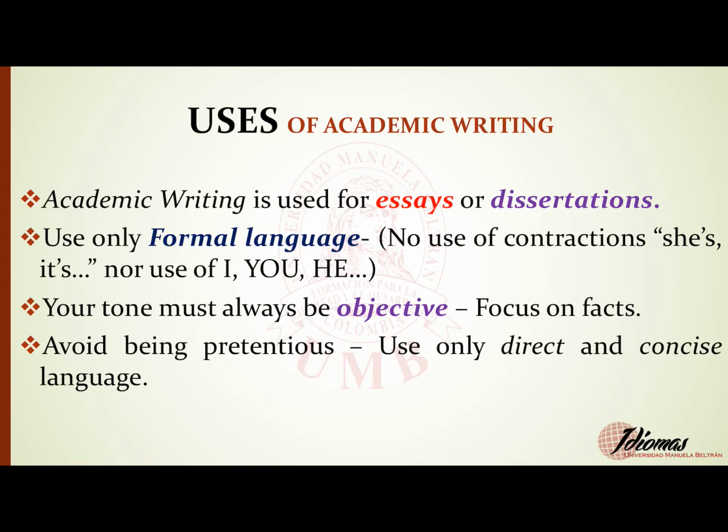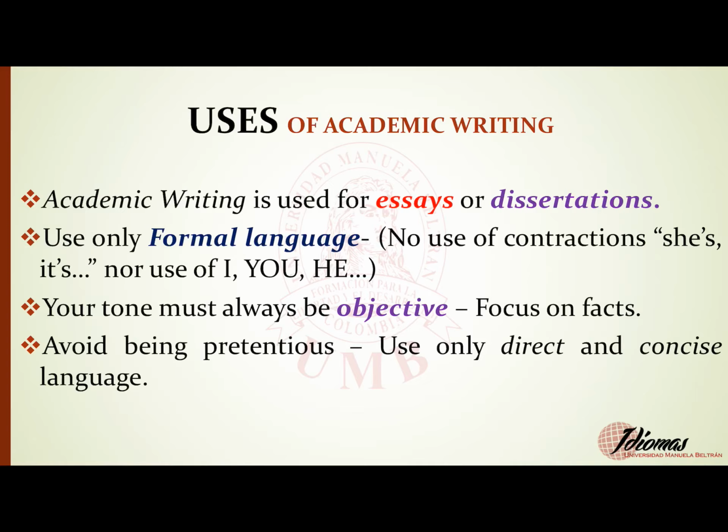You only use formal language when you are writing academically. There is no use of contractions in academic writing, such as it's, she's, his. Also remember that pronouns such as I, you, he are not used. You always have to let your tone remain objective.